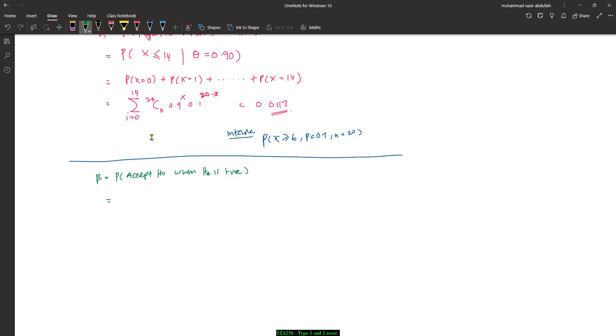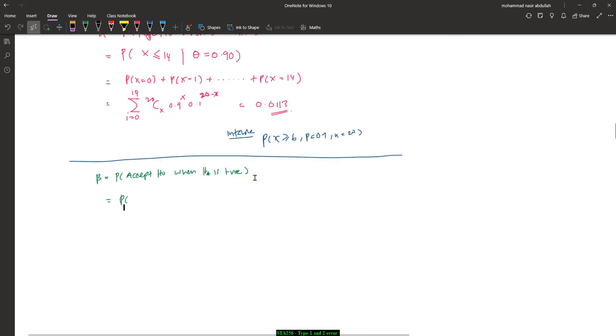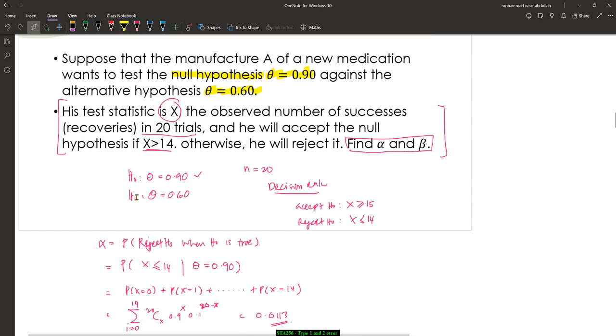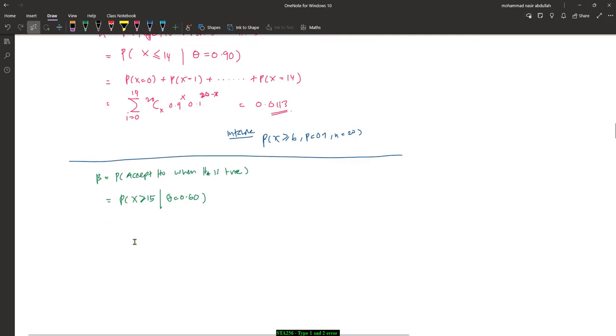So this one should be probability of accepting null hypothesis when X is more than or equal to 15, X is more than or equal to 15, given that alternative hypothesis is true, null hypothesis is false, alternative is true. So theta should be equal to 0.60. Right? So this is the condition.